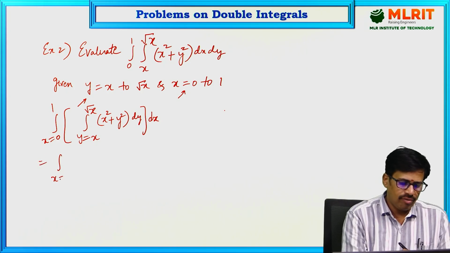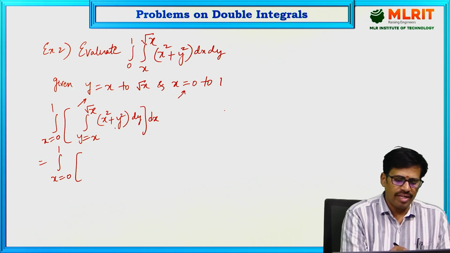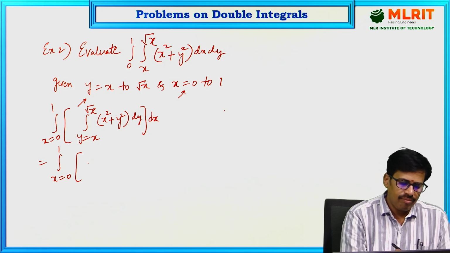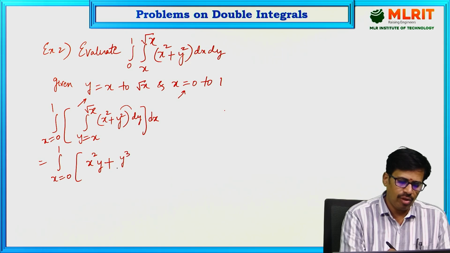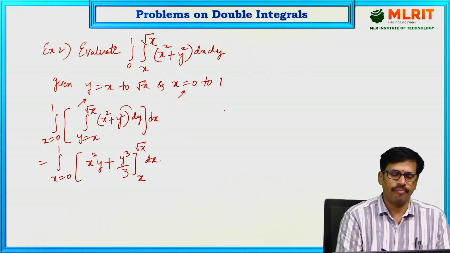What is the integration of x square plus y square dy? That is x square y plus y cube by 3, and the limits are x to root x, then dx.